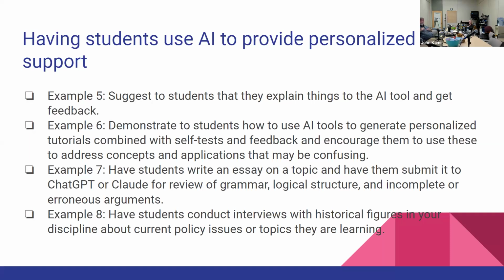Yep. I also like to use AI as a Socratic or semi-Socratic tutor. One of the ways that I like to use it best is to have the AI tool ask me one question at a time and provide feedback. Let me respond to each question, then give me some feedback and then ask me another question.